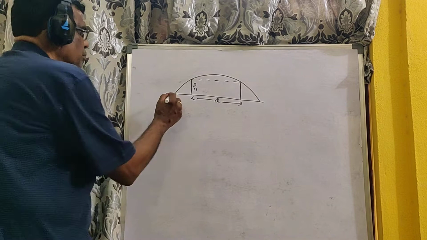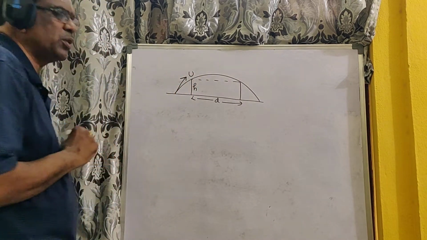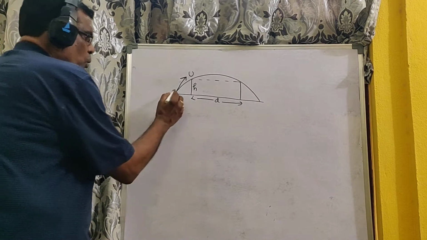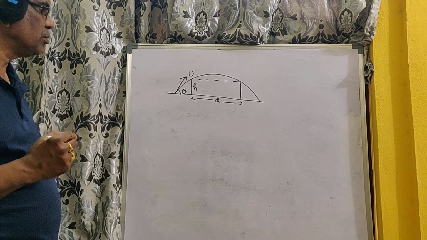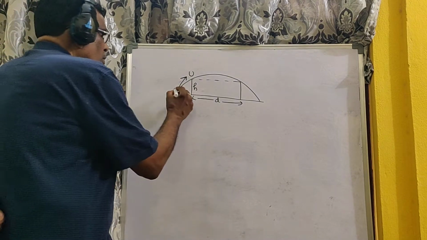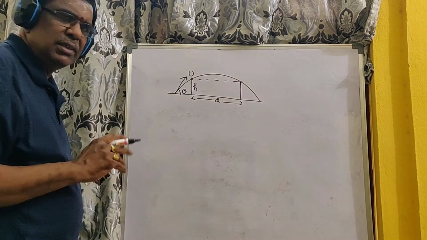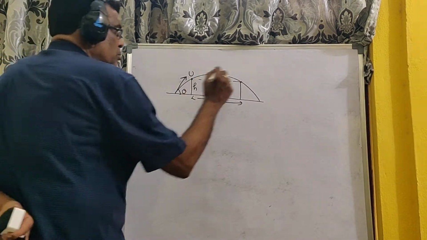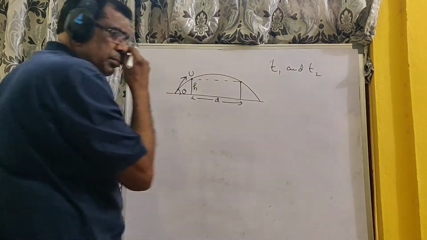For example, a body is projected with u. Let this angle be theta. Now let this body clear these two walls in times t1 and t2.